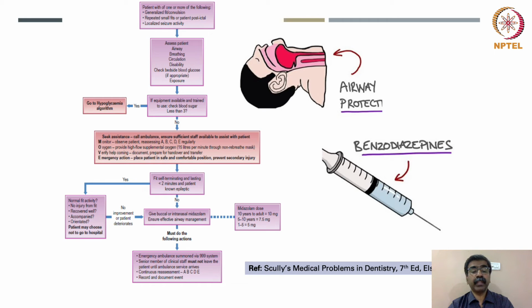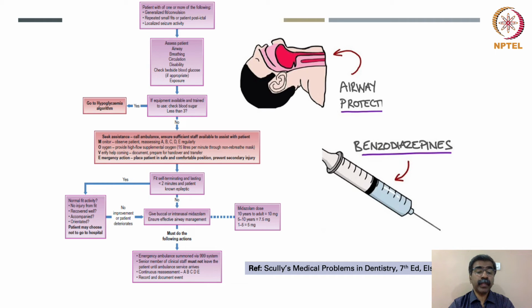Usually, if the fit is self-terminating, lasting less than 2 minutes, and the patient is non-epileptic, with no injury from the fit, recovered well, accompanied, and oriented, the patient may choose not to go to the hospital.